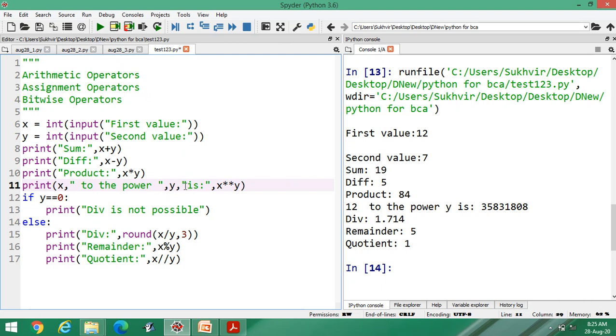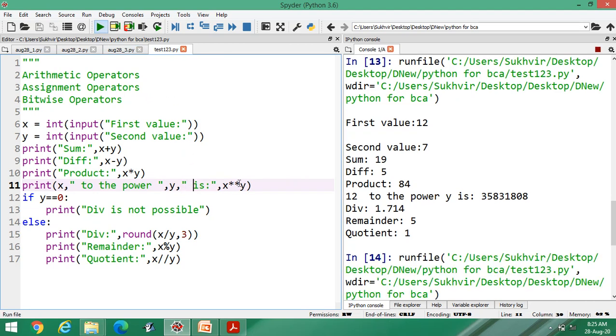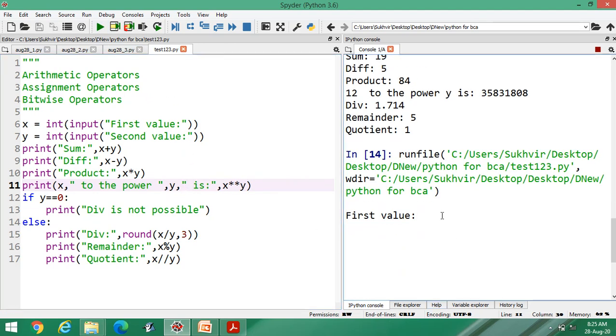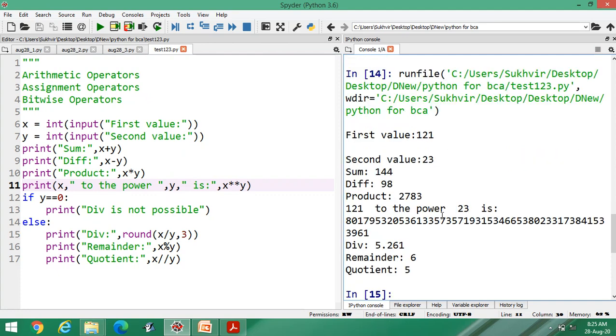Now execute the program. First value, suppose I write 121 and 23. Yes, the output is there. Now it's okay. 121 to the power 23. This one is the output. And division 5.261. Remainder is 6, and quotient is equal to 5.